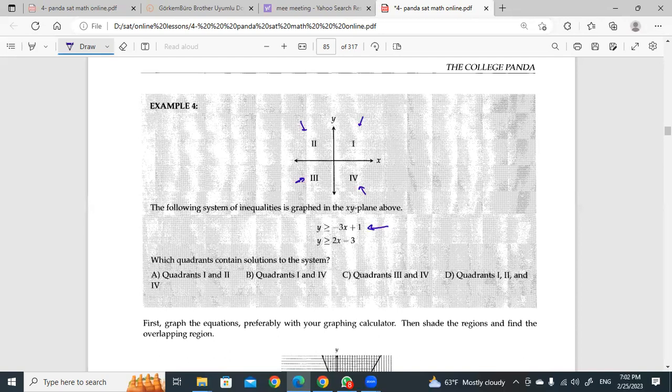It's going down because the slope is negative. And at what point does the line intersect the y-axis? It's at 1. So I'm sure that the line will hit the y-axis at 1, and this line is going downward, like this, right? Sorry, here. It will be like this.